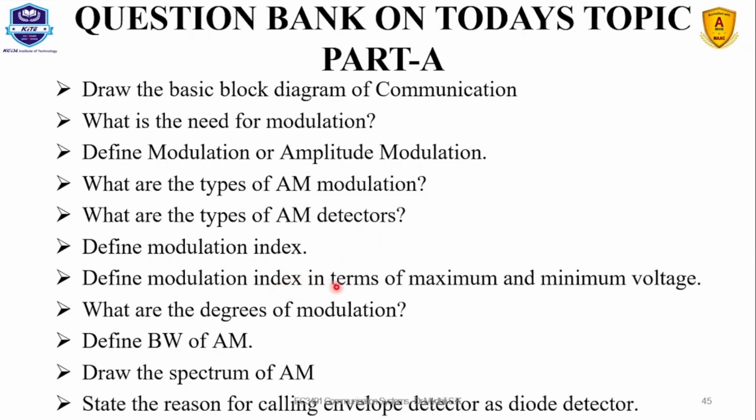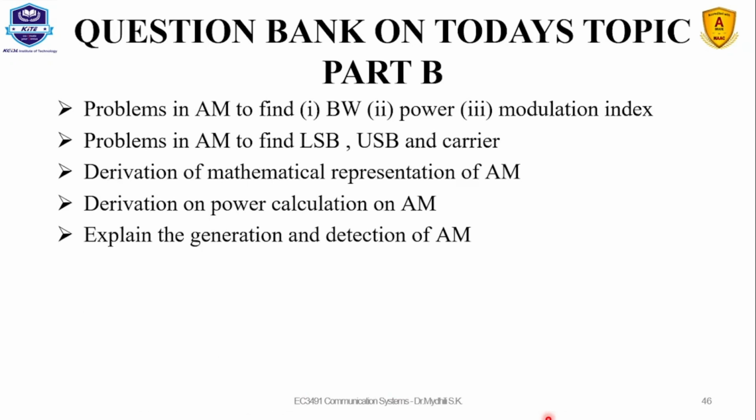Sometimes specifically define modulation index in terms of maximum and minimum voltage, and what are the degrees of modulation, define bandwidth of AM, draw the spectrum of AM, and state the reason for calling the envelope detector a diode detector, etc. And Part B possible questions.